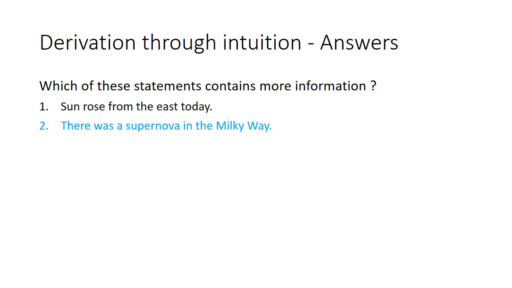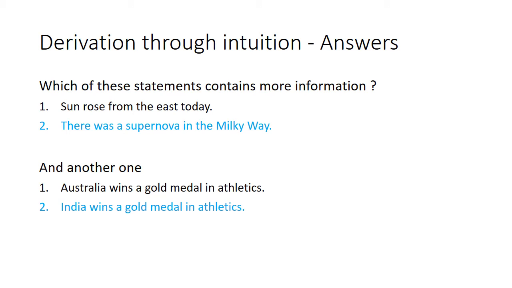So let's look at the other pair. Australia wins a gold medal in athletics and India wins a gold medal in athletics. Of course, India winning a gold medal will be bigger news. Just think of it from a national news perspective. Australia winning a gold medal might be a news item in one of the cities: our city's local boy has won a gold medal in athletics.